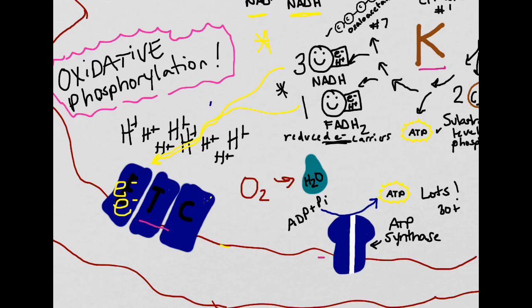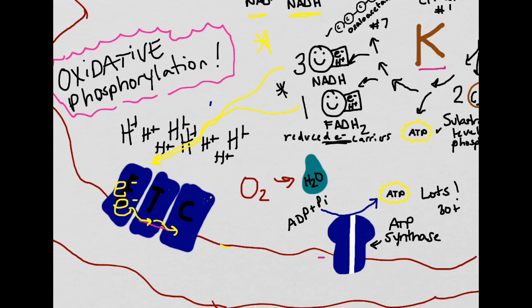What I need you to know is that they have a job. Okay. When the electrons come in, the electron's energy is used to change the shape of the electron transport chain proteins. And when they change shape, because we know proteins are really good at that, they start doing their job. What is their job?